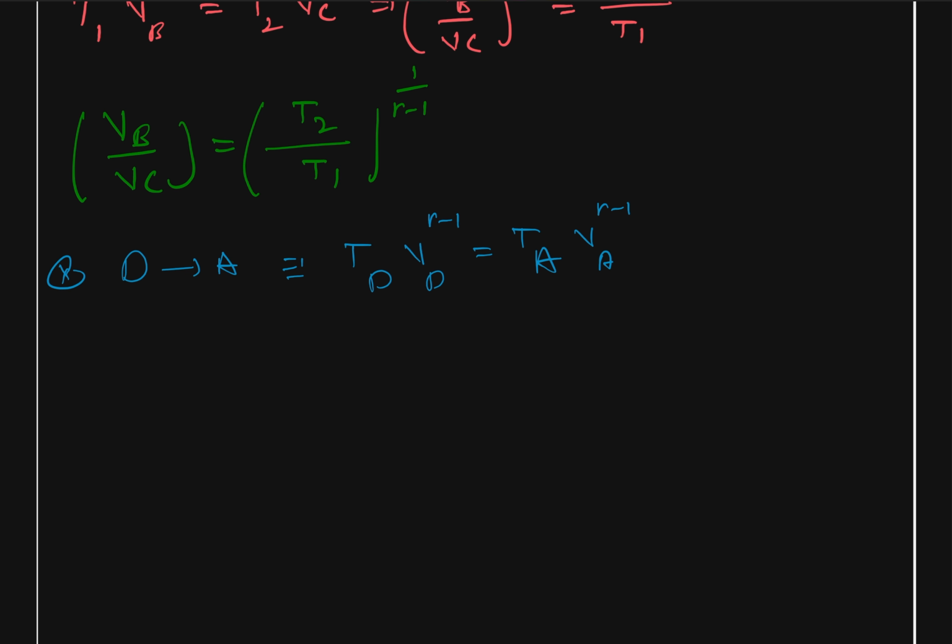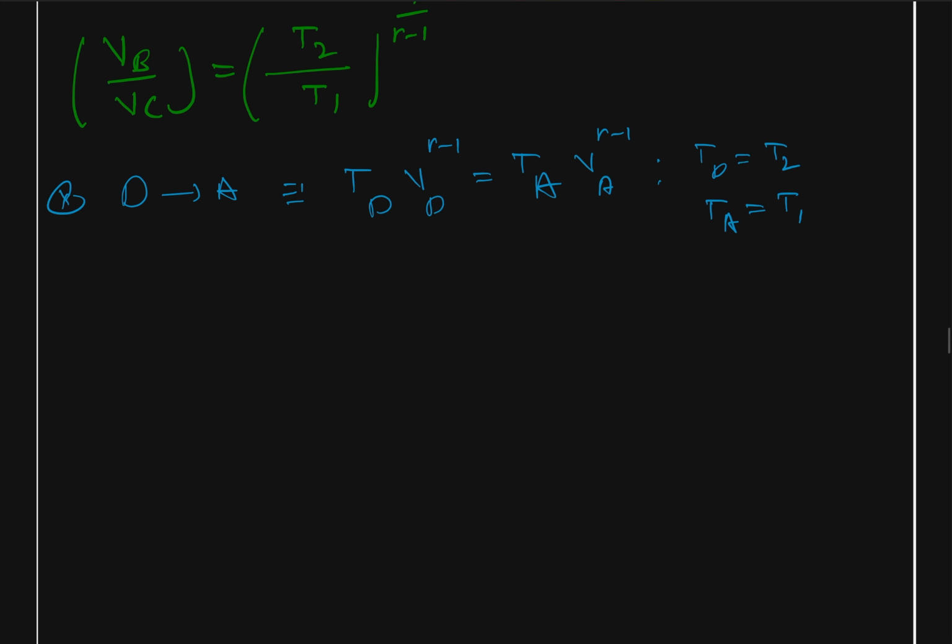And we know that the temperature at D is our T2 and temperature at A is our T1. Therefore we get T2 VD gamma minus 1 is equal to T1 VA gamma minus 1.